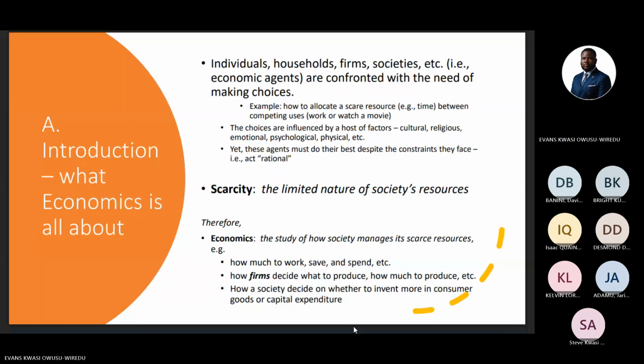Okay, so we always in economics have that problem of scarcity. You want to buy a new phone, right? You want to pay your electricity bill, right? And also take a friend out to eat banku. True or not true? Yeah. So these are all problems.